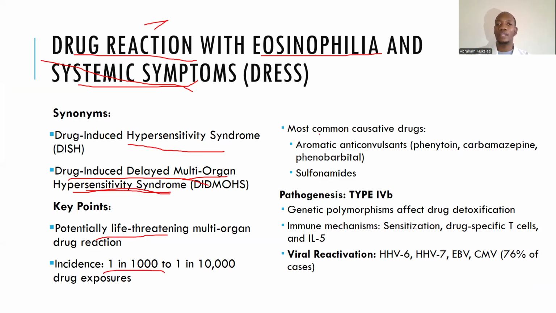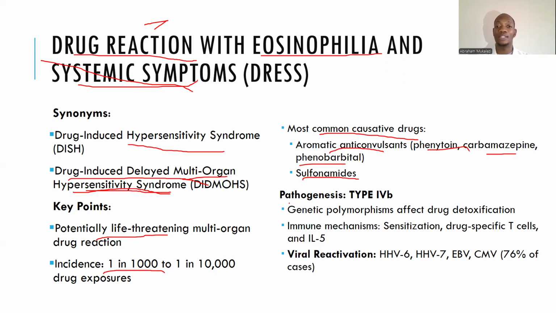The most common causative agents in DRESS that have been identified include aromatic anticonvulsants like phenytoin, carbamazepine, and phenobarbital, and then the sulfonamides. So for patients who are on anti-epileptic medications, you have to be very careful. And for patients who you start on drugs that contain sulfur, they also usually get this drug reaction.